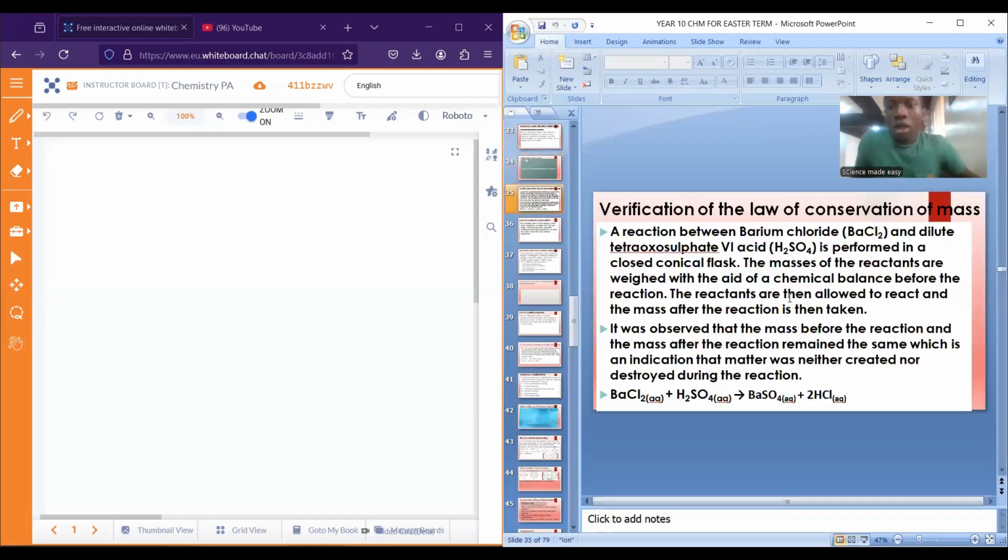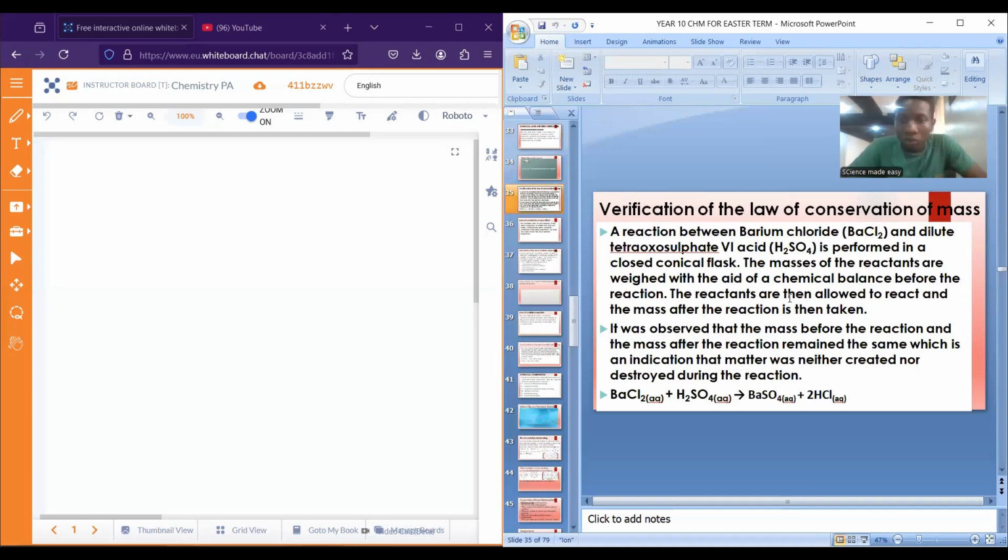Now, there are some things that they use to verify this law to know whether the law is accurate or not. So they use barium chloride and dilute H2SO4. They mix the two together. Even if you see a chemical equation, you see that the barium chloride was not destroyed and did not even create anything.